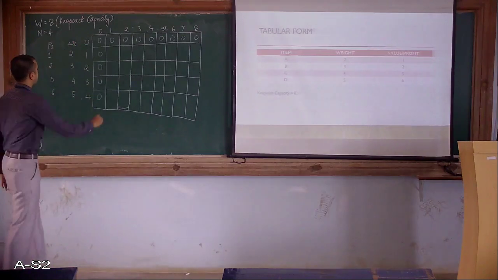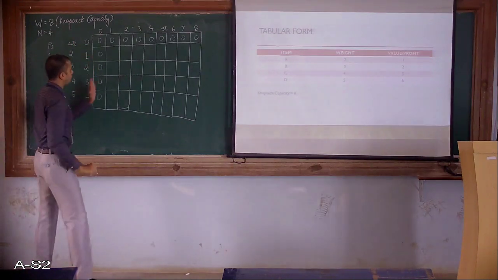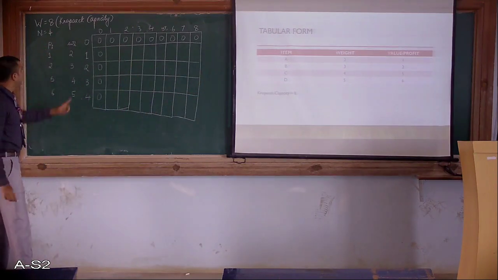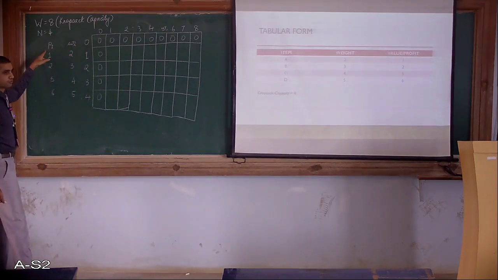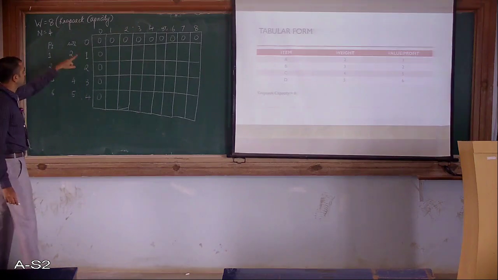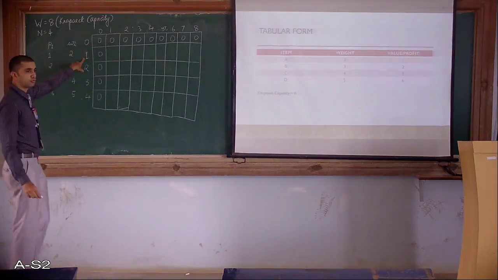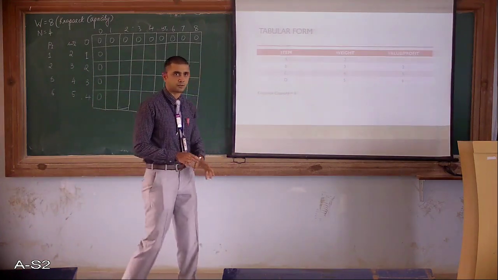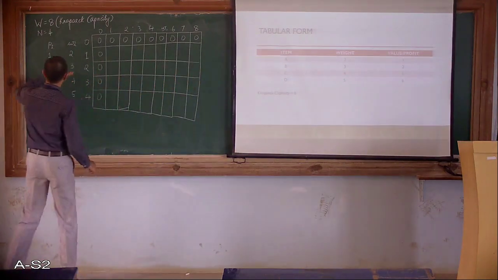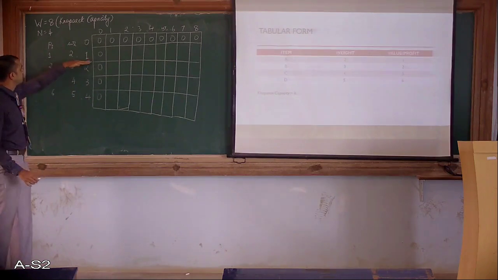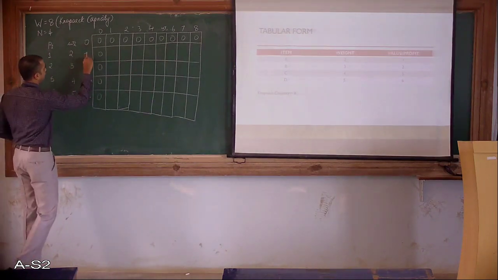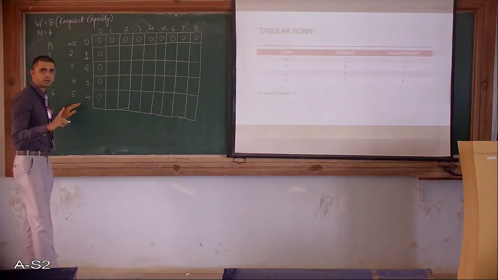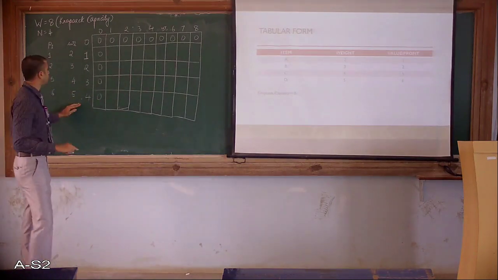Okay. So now we are going to fill all these tables based on these values that I have: the weight of the object and the profit associated with that object. So the first object. Now I'm going to fill the first object inside the knapsack or inside the bag. Let's see how to do this. So when I fill the first object over here, I will not consider the remaining because I'll be filling only one object, that is the first object.